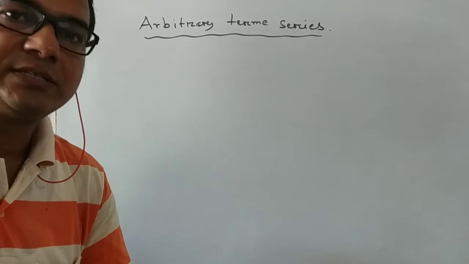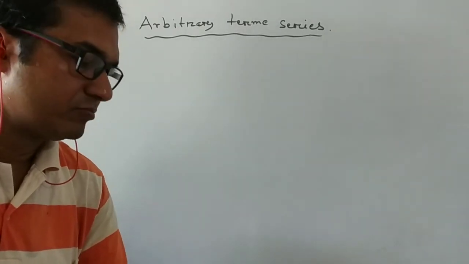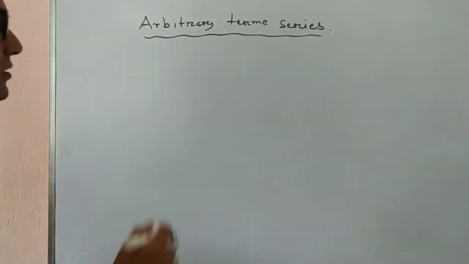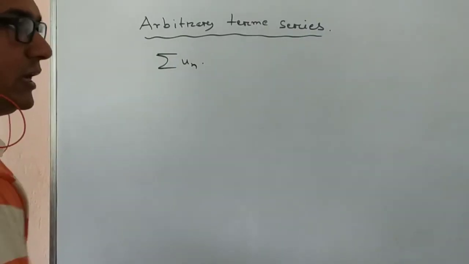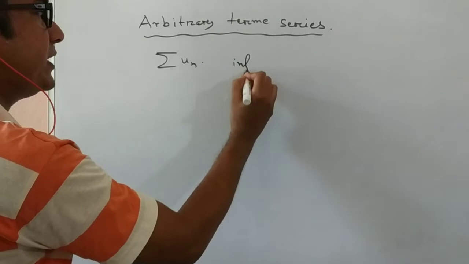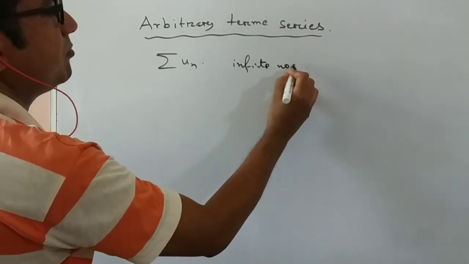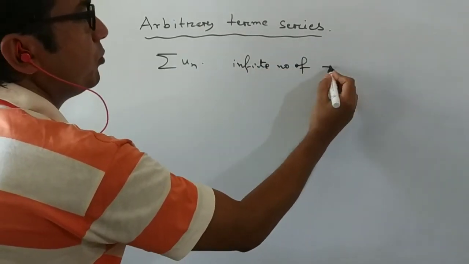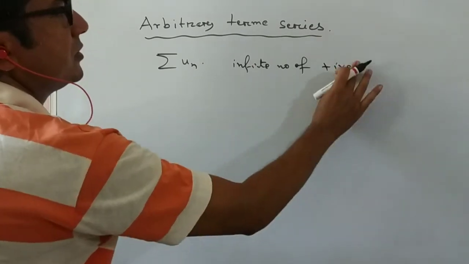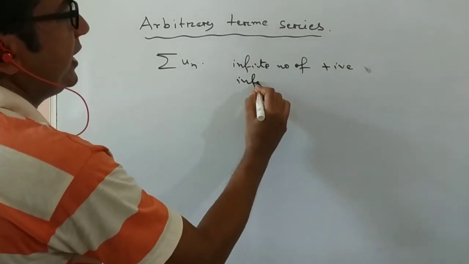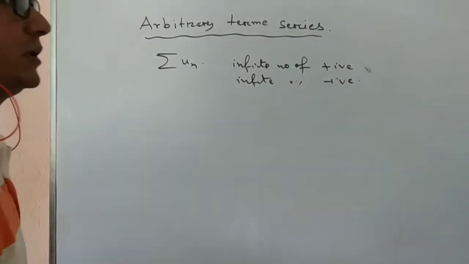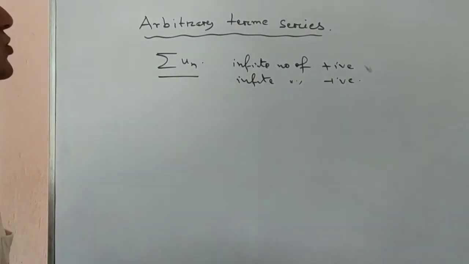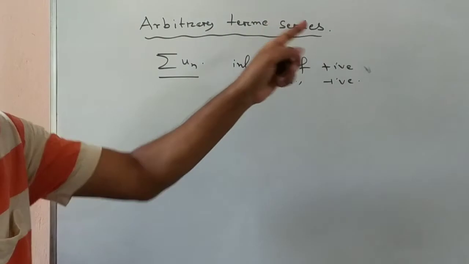In an infinite series summation u_n, if there are an infinite number of positive terms and an infinite number of negative terms, then this series is called an arbitrary term series.